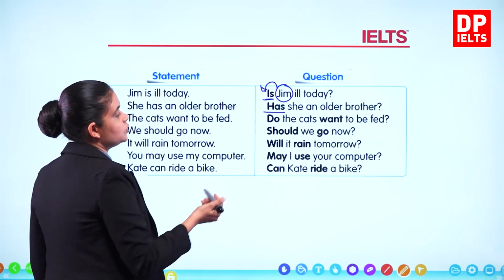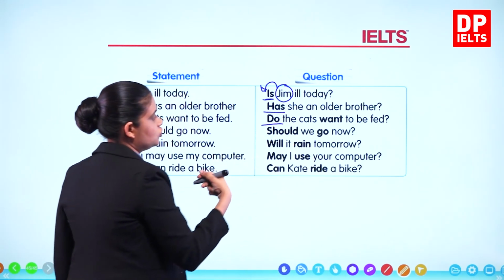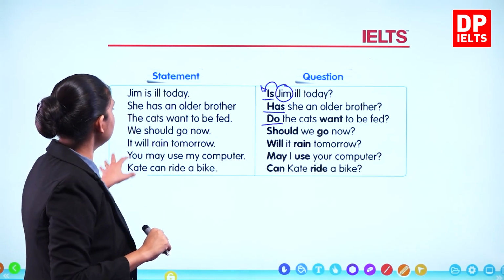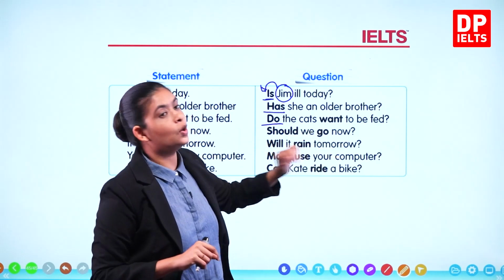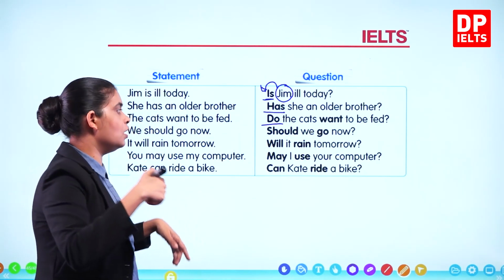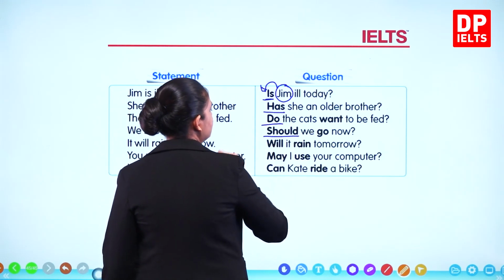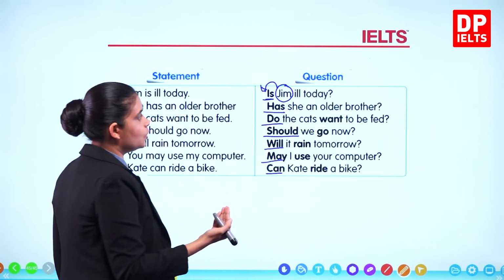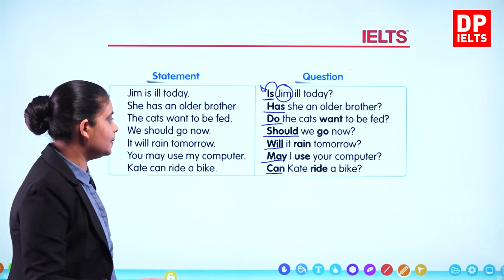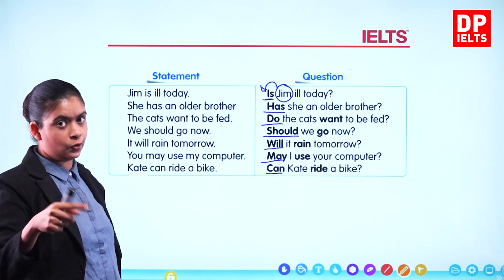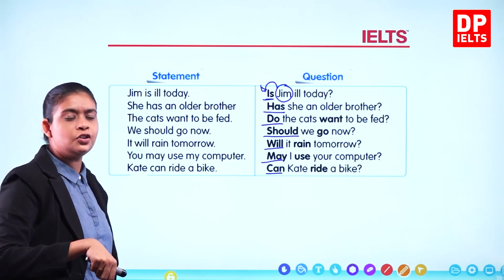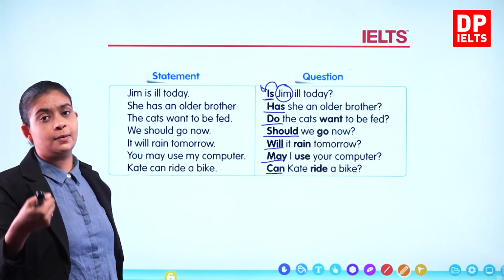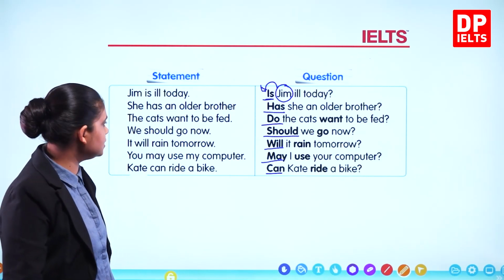Do the cats want to be fed? Again, do comes before the subject. We should go now. Should we go now? Comes before the subject. Will, may, can, all of those are helping verbs or auxiliary verbs that could be used in front of the subject, and that changes the statement into a question.